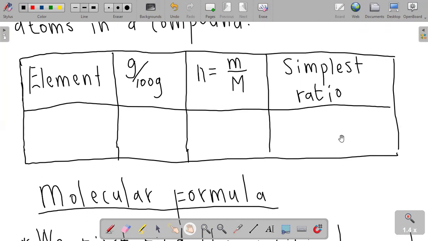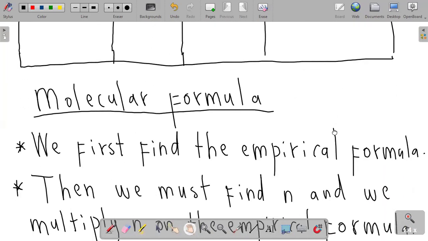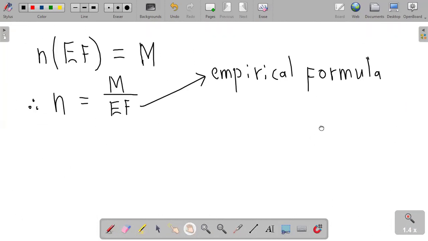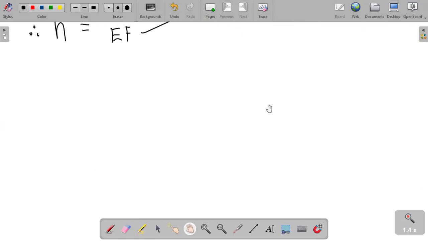You have to know when the simplest ratio is inside or outside of the table. So we use multipliers. There are some things that are called multipliers, and these will tell you whether the ratio will be outside or inside the table.